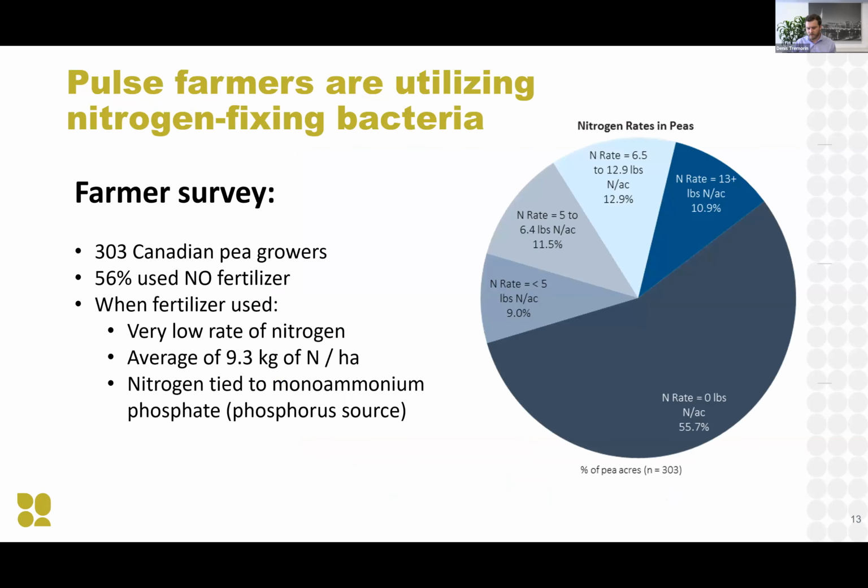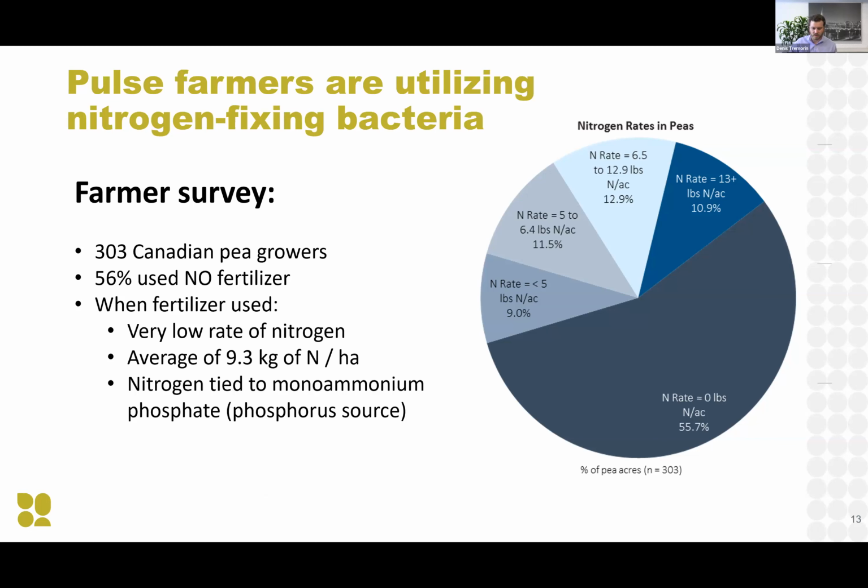And I think the other story here is that farmers in Western Canada use these nitrogen fixing bacteria. Farmers have a really well adopted practice in terms of using inoculant. And this is not always the case internationally. We've heard of some cases in Europe where farmers actually fertilize their pulse crops like peas for some reason.